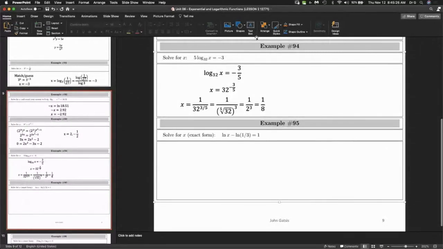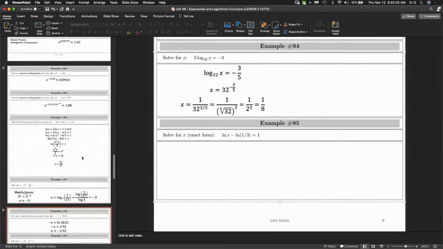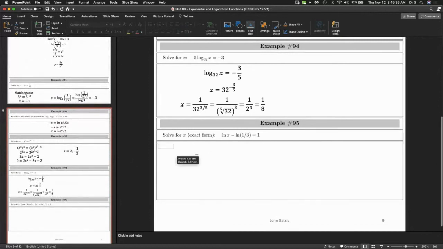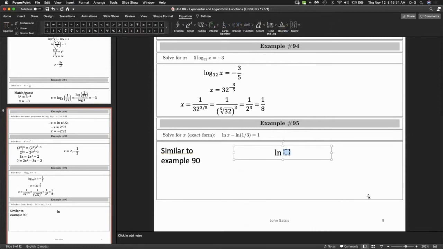In this next example, you want to solve again by merging the logarithms into one. We saw this pattern in example number 90. So let me just say here similar to that, so you can merge them into one logarithm. So you would divide here.